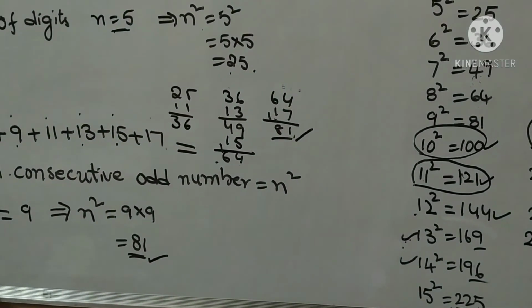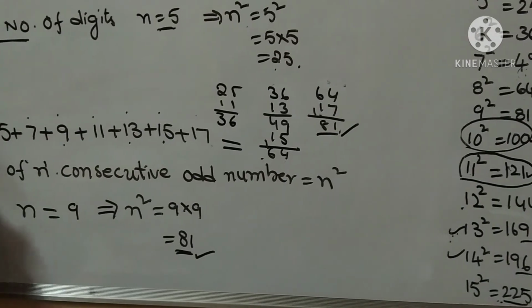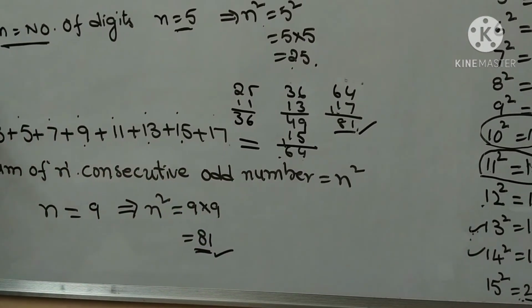Yes, but here it asks without adding, by using the formula: sum of n consecutive odd numbers equals n square.